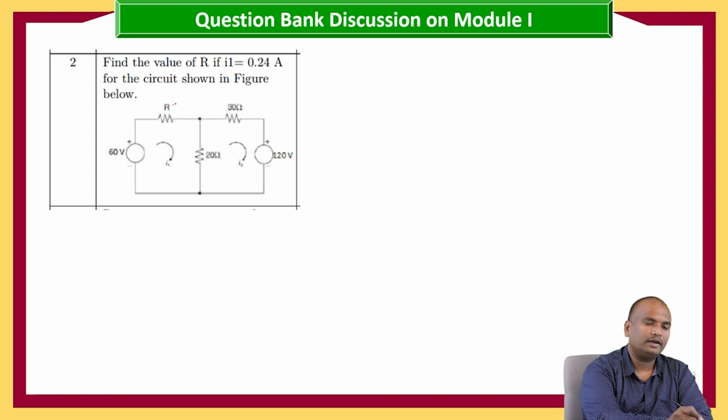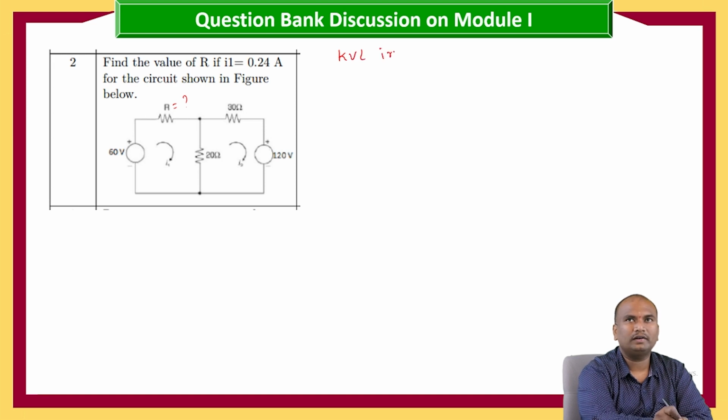Now we need to calculate the value of R. First let us write the KVL in loop 1: minus 60 plus R into I1 plus 20 into I1 minus I2 is equal to 0.